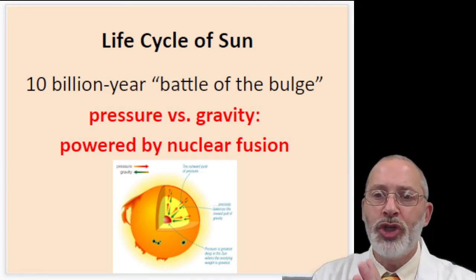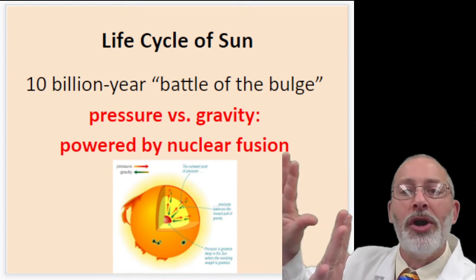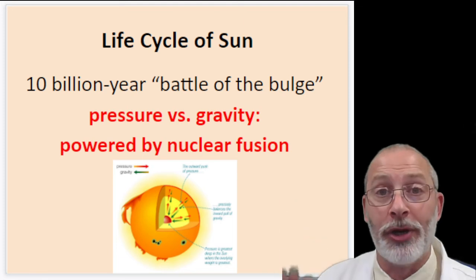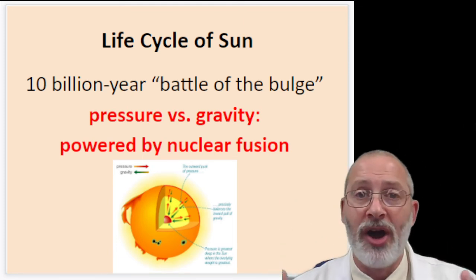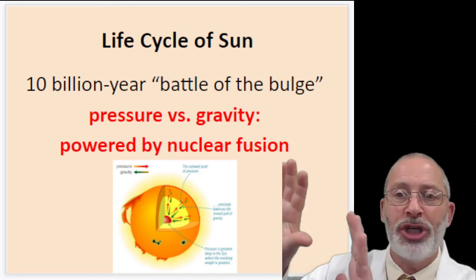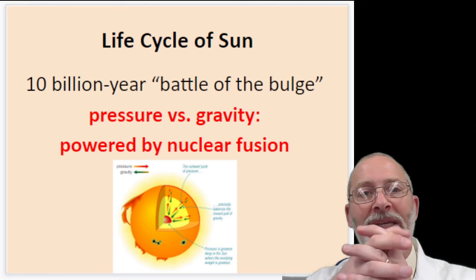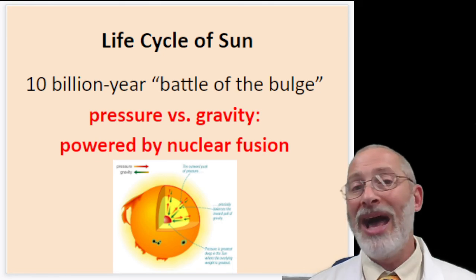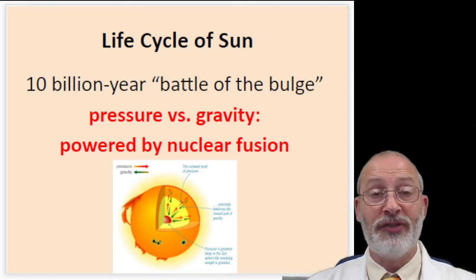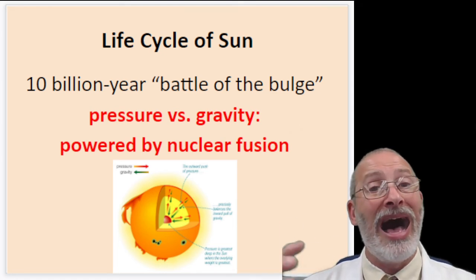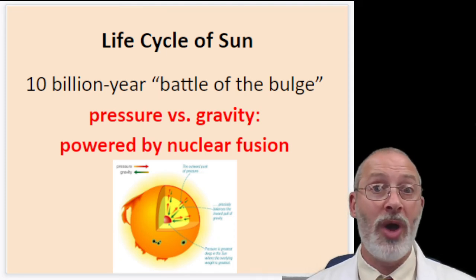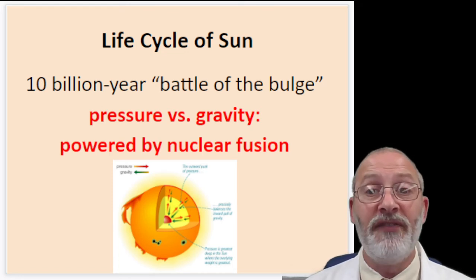The nuclear fusion then is pushing outward in all directions, and it creates a pressure. The sun and any star is battling between those two forces, the pressure pushing out and the gravity pulling in. It's what allows a star like our sun to have a spherical shape, because these forces are acting not only in opposite directions, but equally in all directions. So that's why the sun is a sphere.